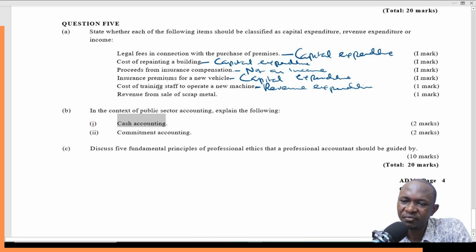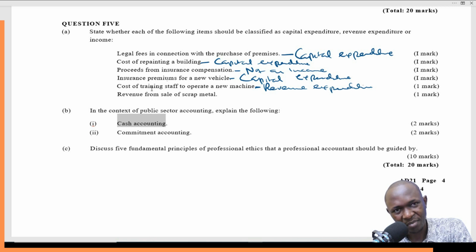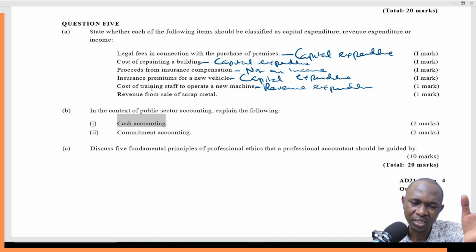Even if we are talking about training the staff so that they can now operate a new machine, it's a bit remote from the machine. If you are talking about costs that are directly related to the new machine, to put the new machine into working condition, then that one can be capitalized. But here we are going a little bit remote by going to the training of staff.